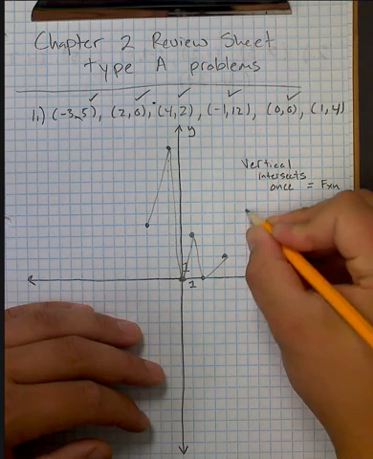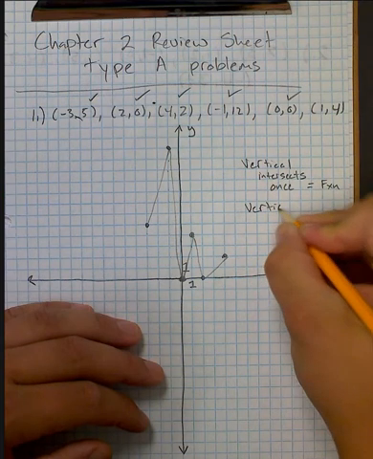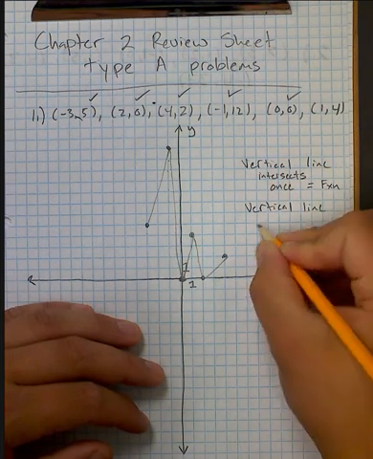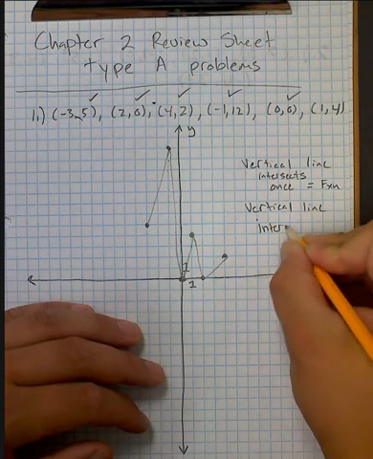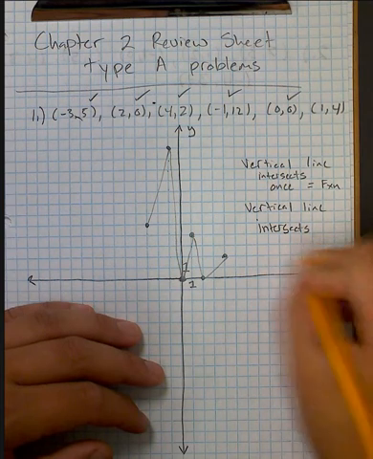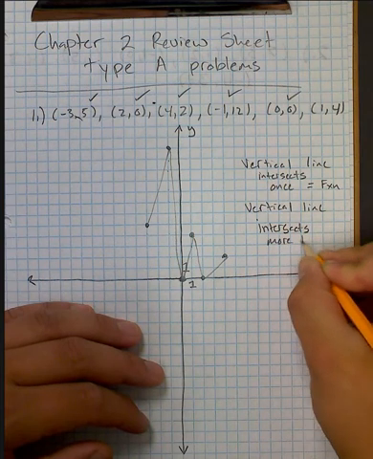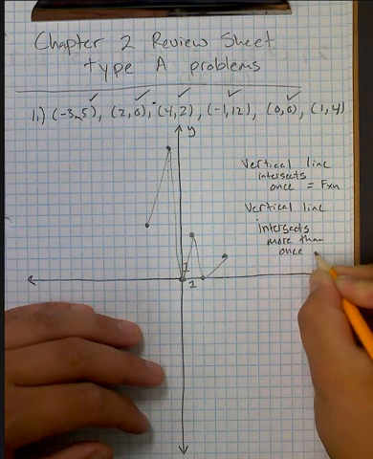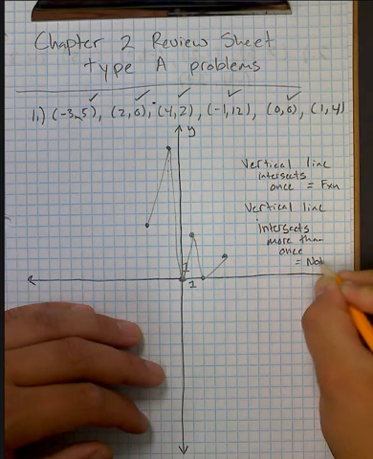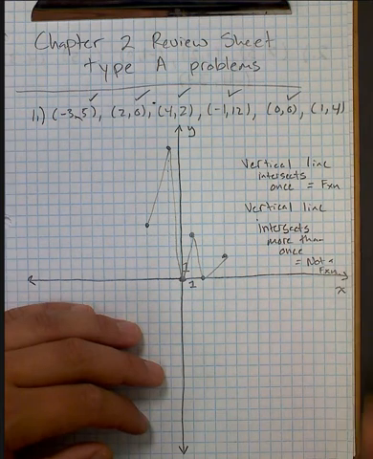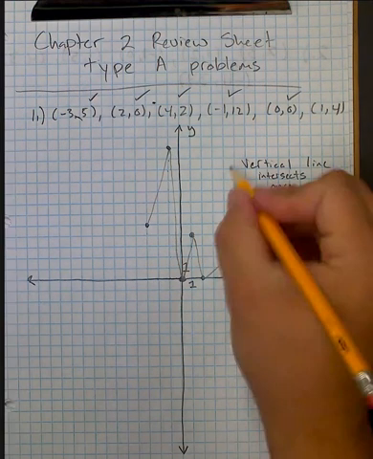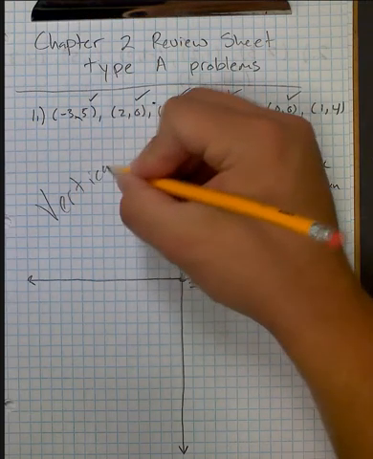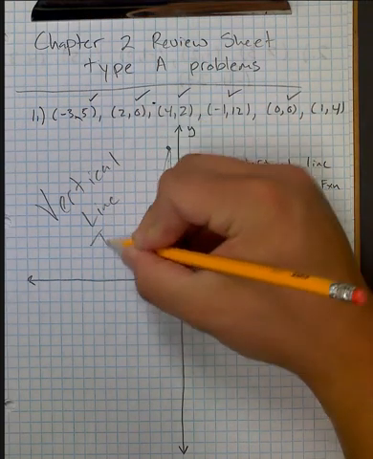If the vertical line intersects more than once, not a function. So those are the two things for the vertical line test.